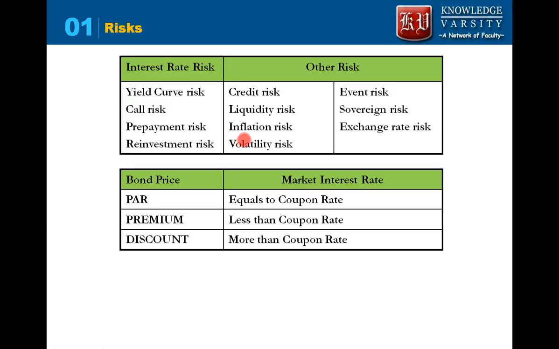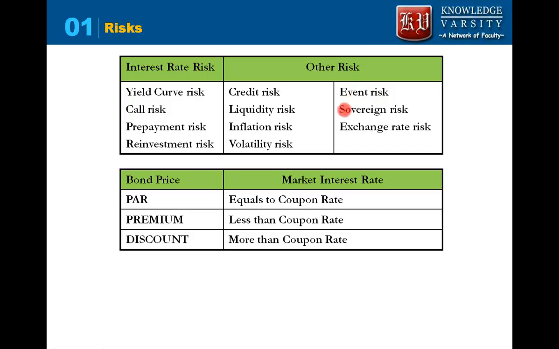Then there are other risks like event risk. Some of the risks are not in the hand of the bond issuer or holder, like, let's say there is a plant of a manufacturer and it catches fire. So that is an event risk.